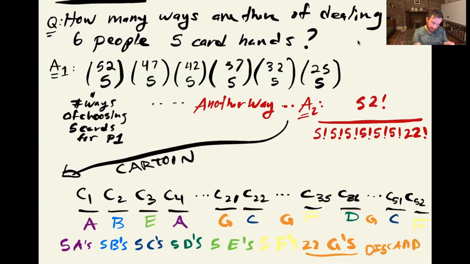Player 5 is going to get the 36th card. I think I said something that should have been player 5, but anyway, we get our discards as the ones with the orange color. So this is an important combinatorial trick that I want people to have the flexibility for thinking. It's going to allow you to model a lot of different problems.